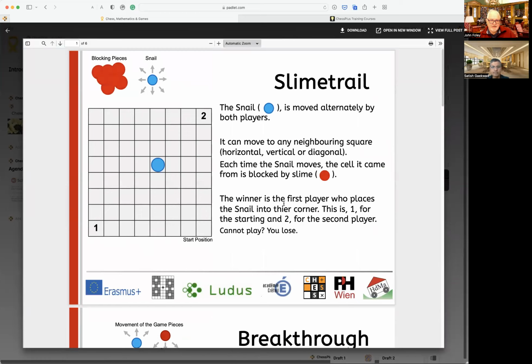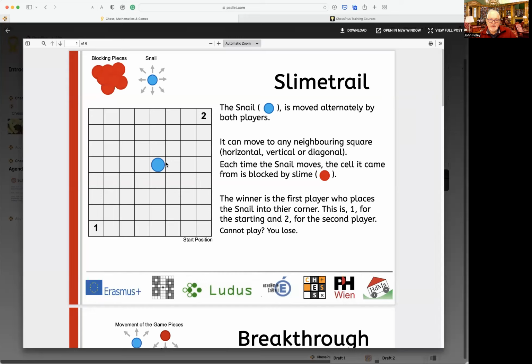So Slime Trail. This is a game in which it's called an impartial game in the sense that you're sharing the same piece. So this piece here, this little blue piece, you've got two players starting. Player number one wants to bring the piece to their corner, and player number two wants to bring the piece to their corner.